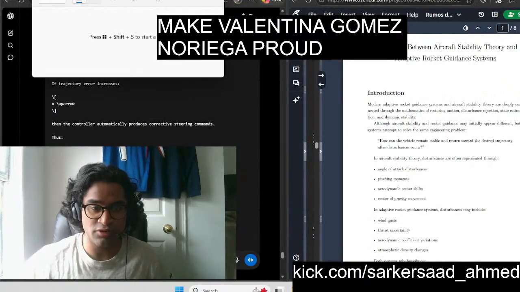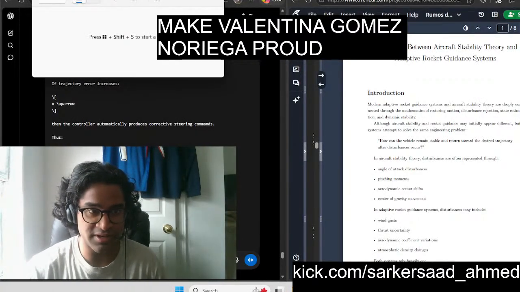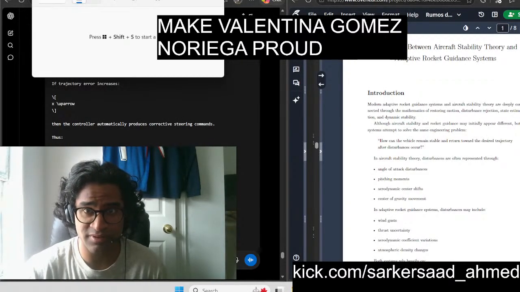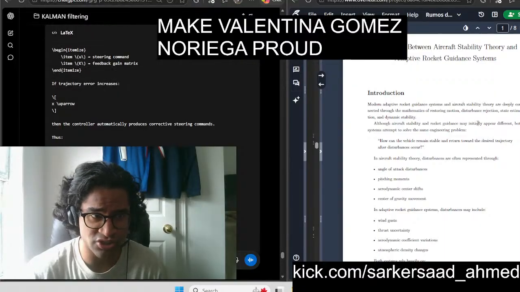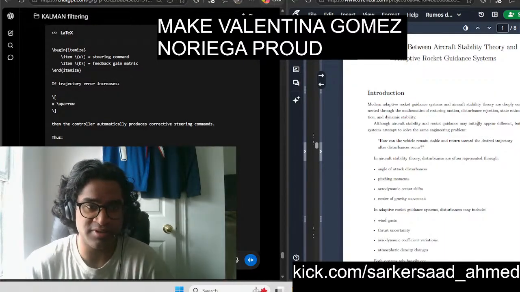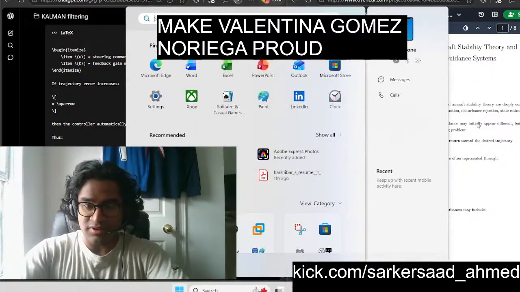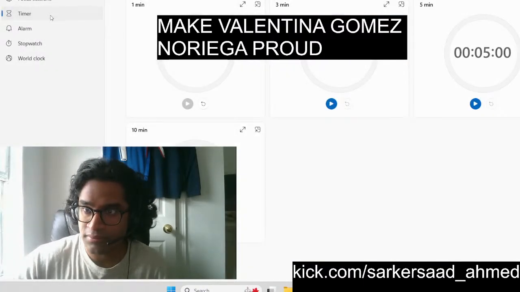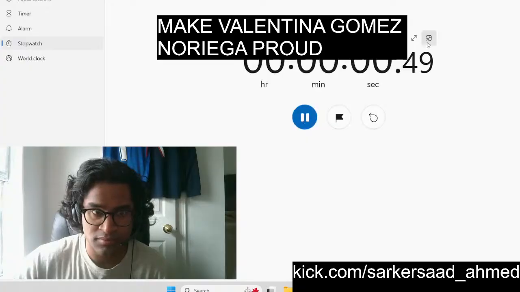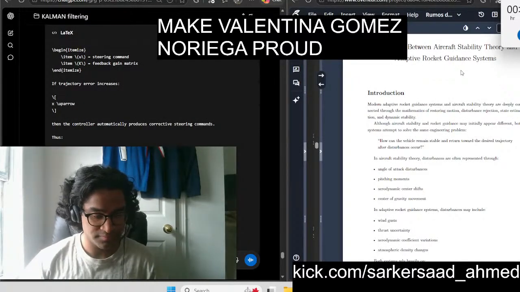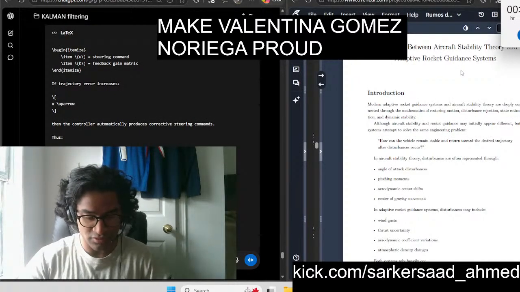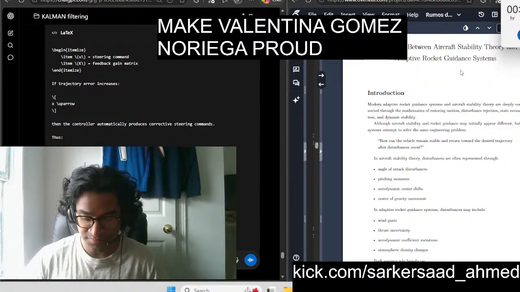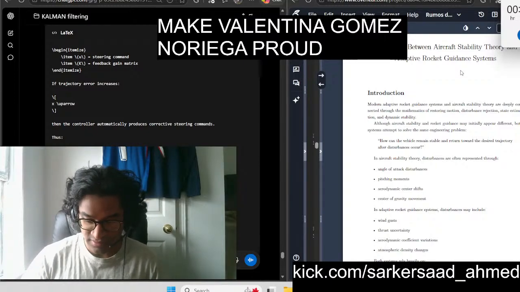Okay, let's just read. Modern adaptive rocket guidance systems and aircraft stability theory are deeply connected through the mathematics of restoring motion, disturbance rejection, state estimation, dynamic stability. Oh, timer. This is not cybersecurity, it should be aerospace engineering.